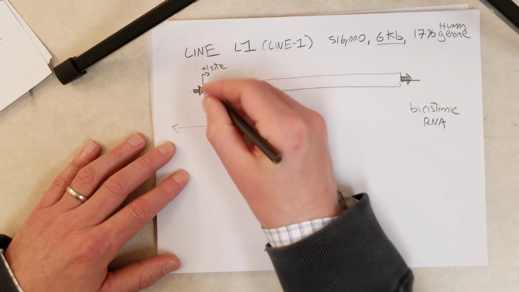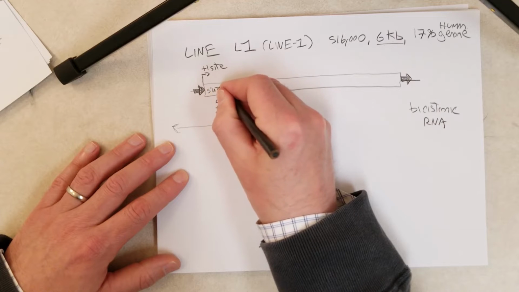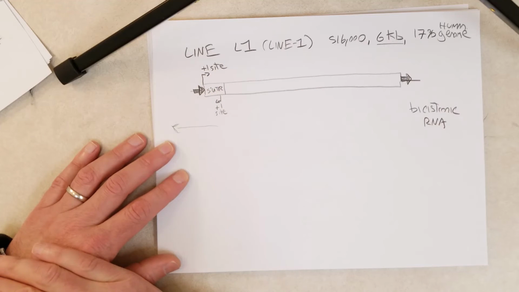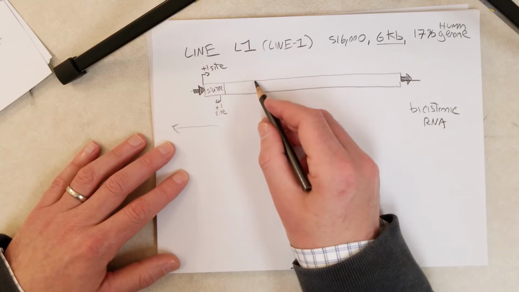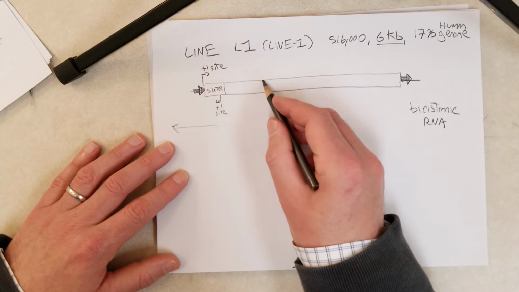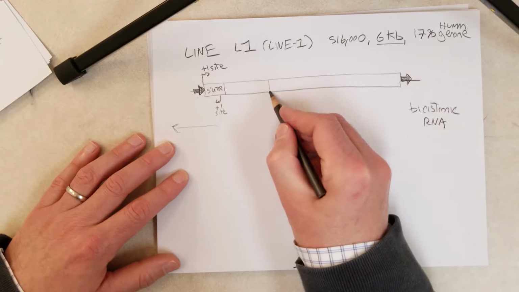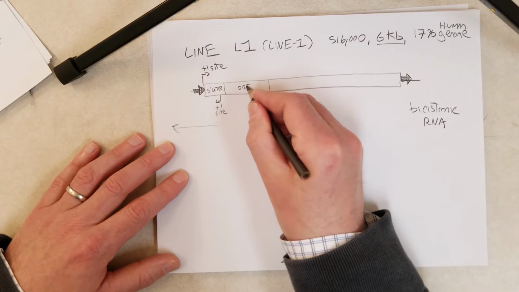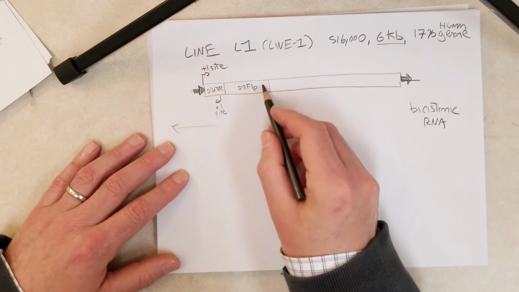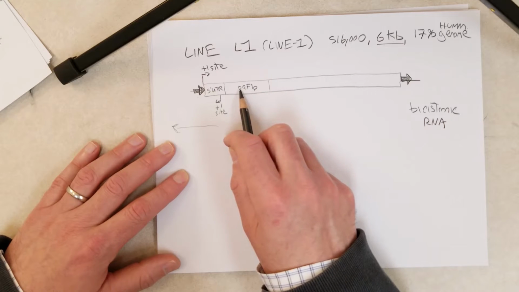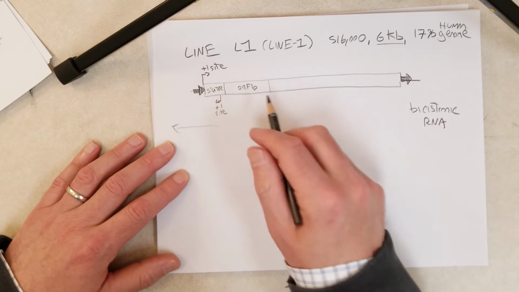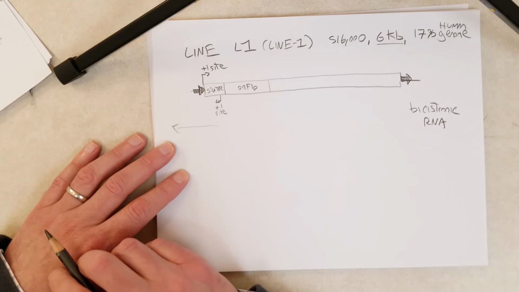This region right here would be the 5' UTR, 5' untranslated region. And this region right here, we are going to say is ORF1P. So this part of the line 1 element codes for a protein called ORF1P. I'll explain what ORF is in a moment.